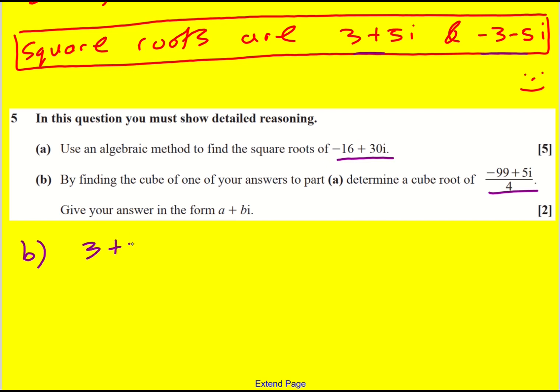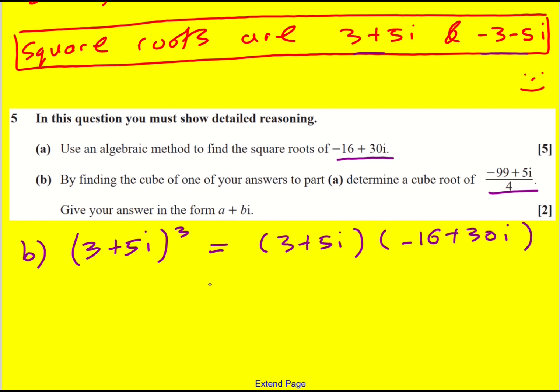So (3 plus 5i) cubed is going to equal (3 plus 5i) times (3 plus 5i) squared, which we know is minus 16 plus 30i, which is minus 48 plus 90i minus 80i plus 150i squared, so that's minus 150.